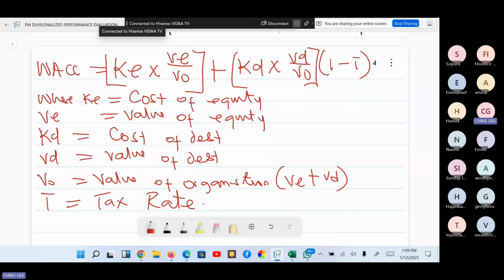Multiply by whatever you get, multiply by 1 minus T. Say again? Yes, because the interest is related to debt.